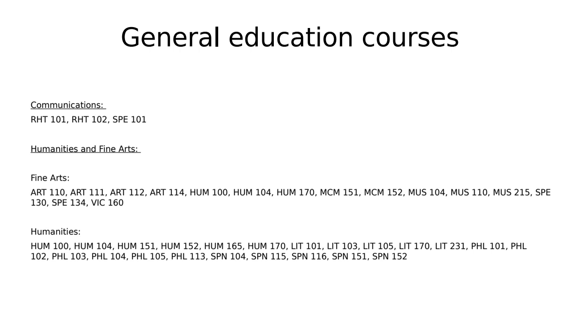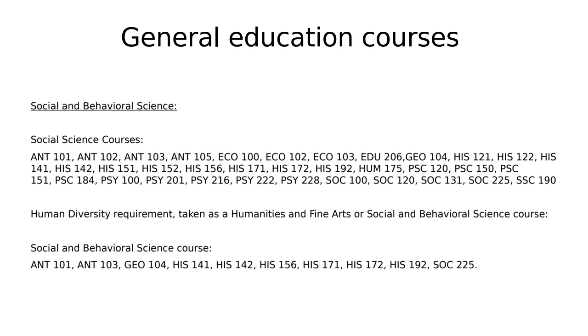For humanities and fine arts, these are the specific courses that will be running the assessments associated with humanities and fine arts. Social and behavioral sciences have these classes over here. I'm just going to pause so you can see those specific courses for a moment. You can always pause the presentation once you have access to it to look into those in a little more detail.